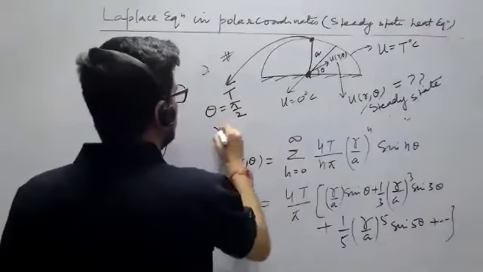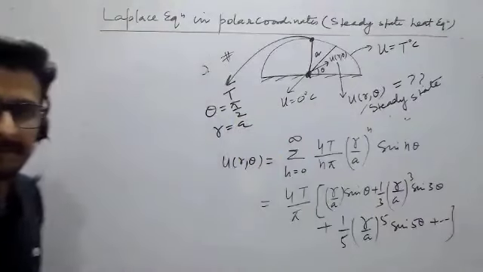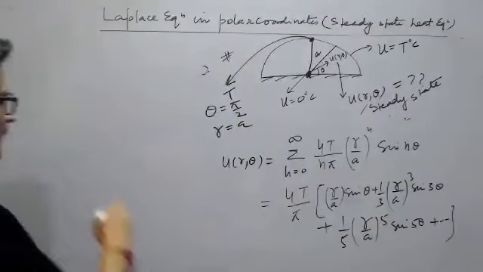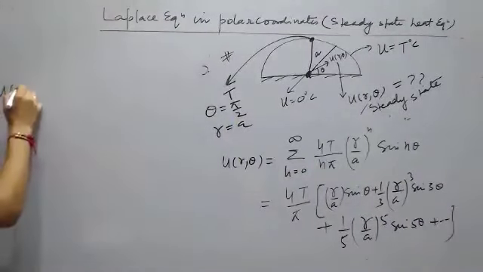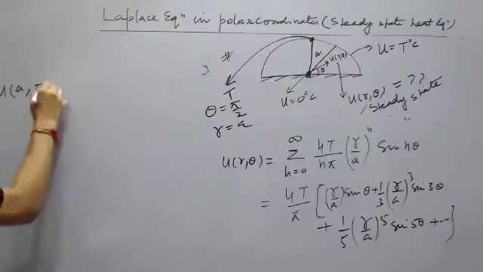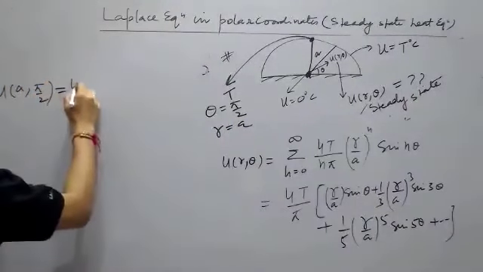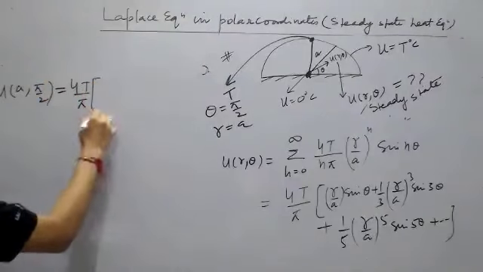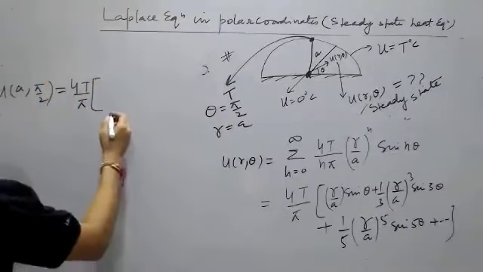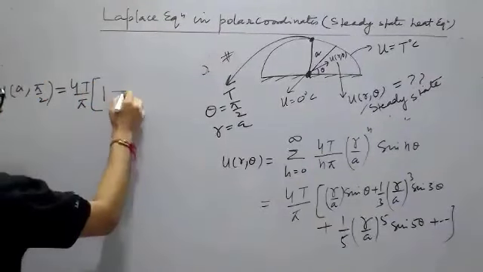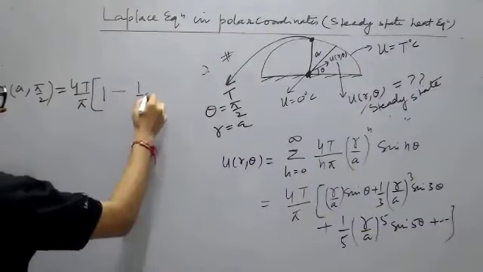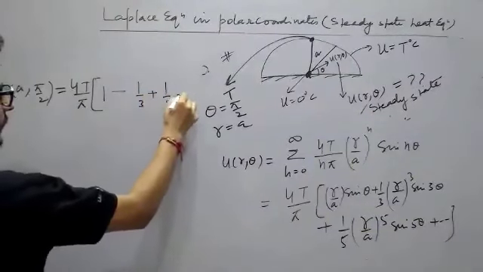Pi by 2. What is the value of R here? A. So if I put the same U of A comma pi by 2, it will become 4T by pi and 1 minus 1 by 3 plus 1 by 5 dash dash dash.